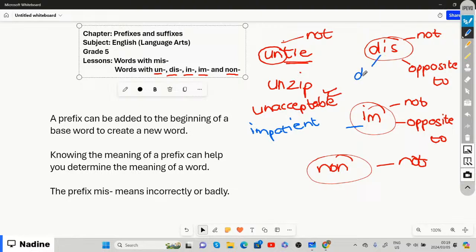Dislike. It's the opposite of like. I don't like you. Dislike. Yes, we have improper. Not important, because important still means a positive word.